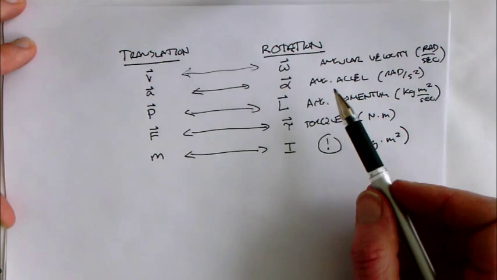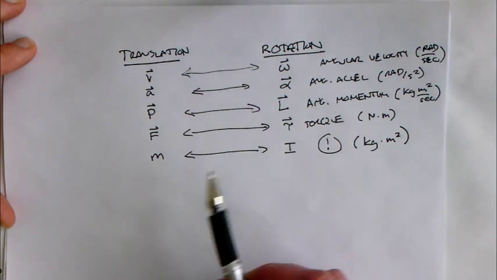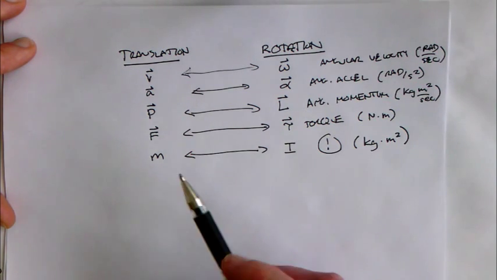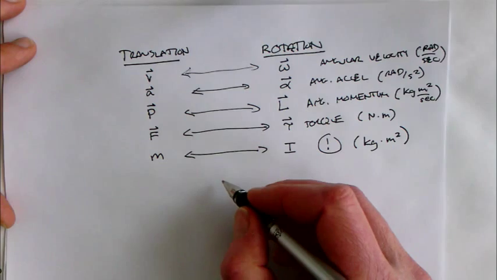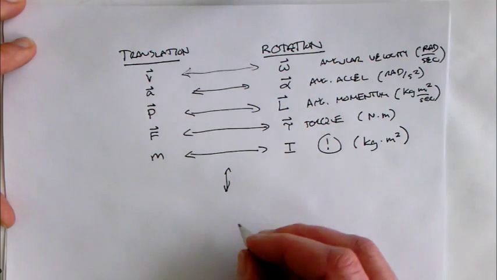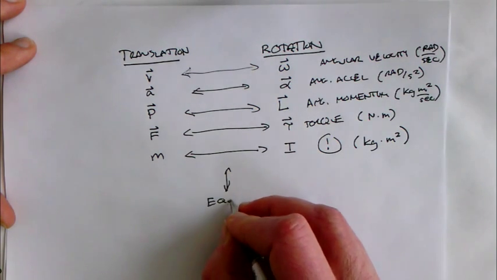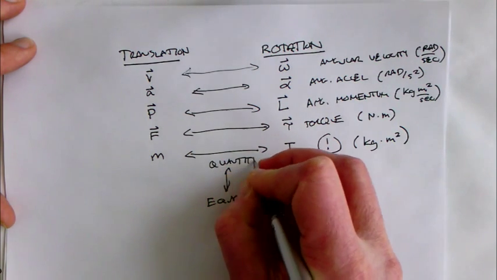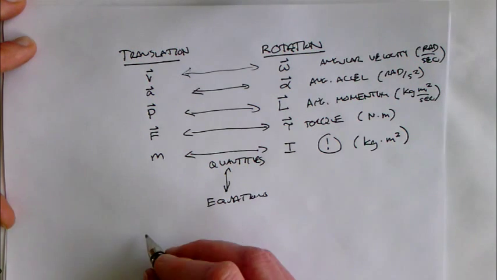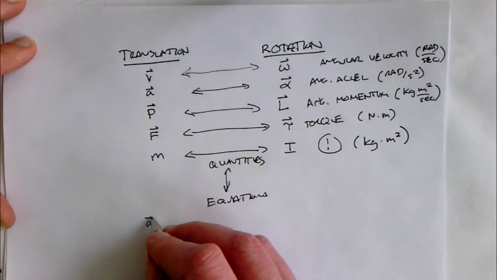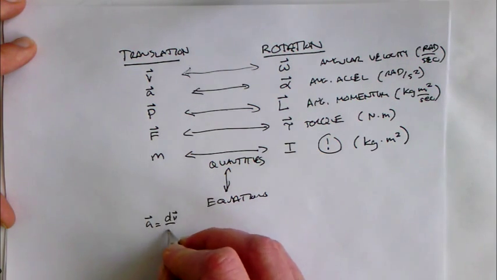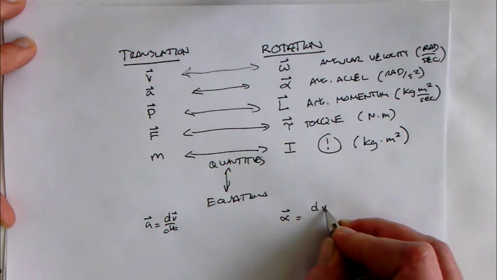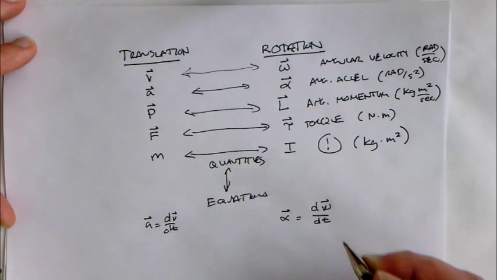So just as at the big level, there are analogies at the lower level as well, and these analogies extend not only to what the quantities are, but also to what the governing equations are. For example, just as acceleration is the derivative of the linear velocity, angular acceleration is the derivative of the angular velocity with respect to time.